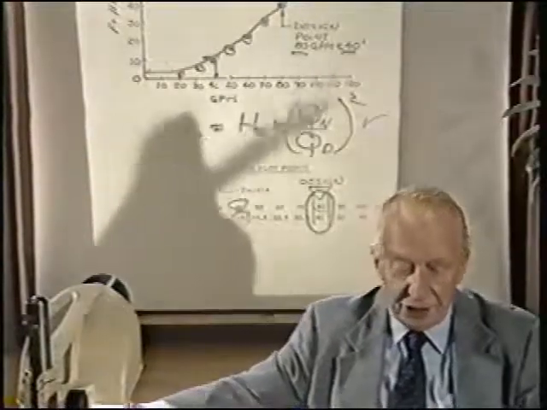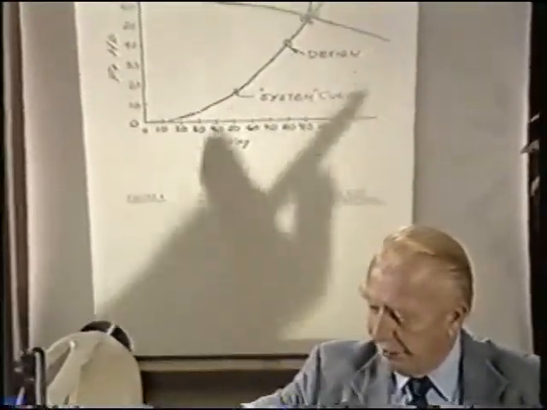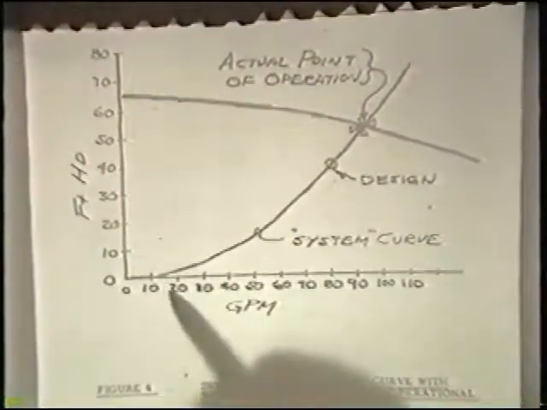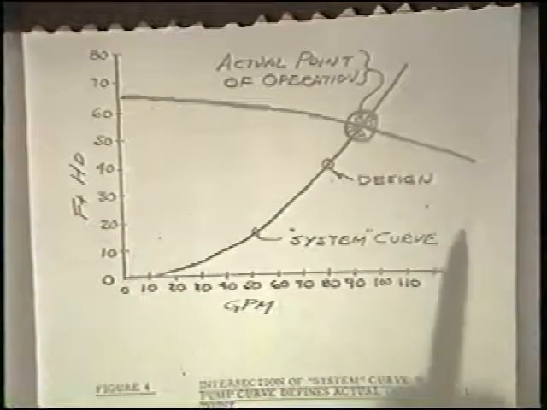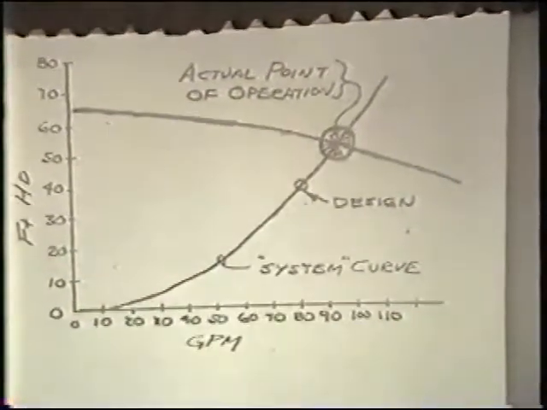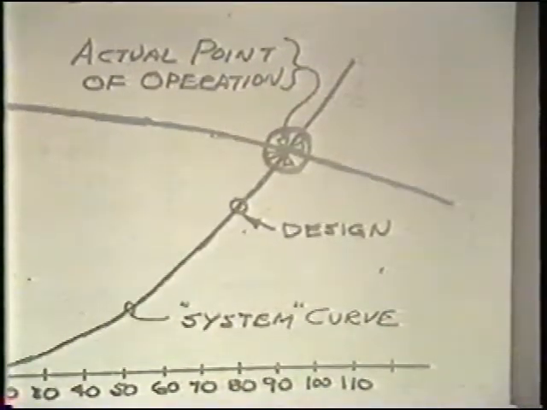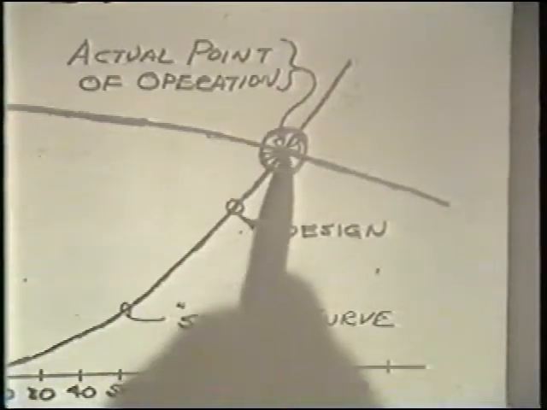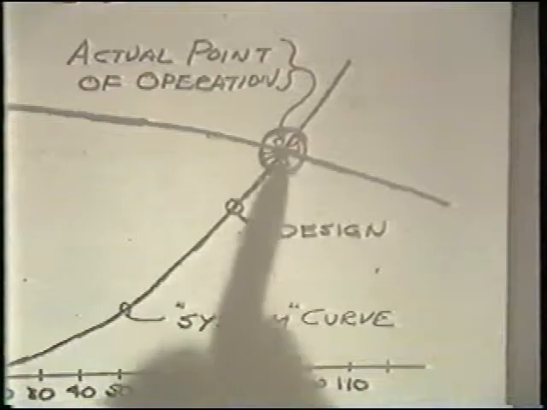By plotting that system curve on the pump curve, we can assess the actual operational point of that particular pump on the particular system described by the system curve. And the actual point of operation will be at the intersection of the system curve with the pump curve. This is because of the first law of thermodynamics, which states that energy in must equal energy out. So the point of operation must become the intersection of the system curve with the pump curve.